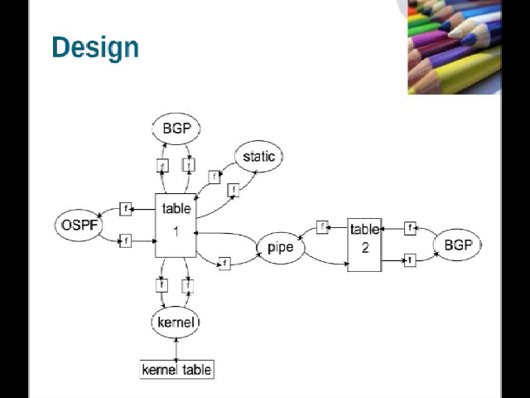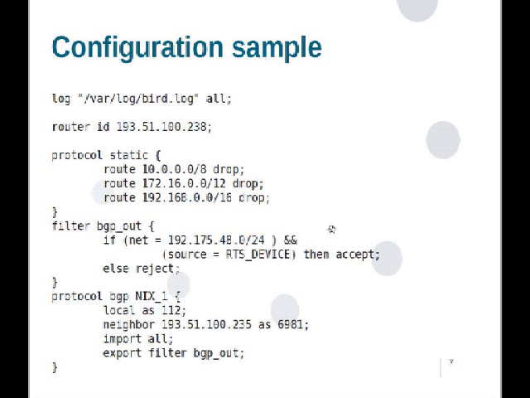The difference, what can be done by BIRD, is that we add also the pipe protocol, so you can have a separate routing table with separate instances of routing protocols, and those can be somehow synchronized. And you can build a very complicated network inside a single BIRD process. So that's something that makes BIRD very configurable. And in all those stages, you can see you can apply filters somehow.